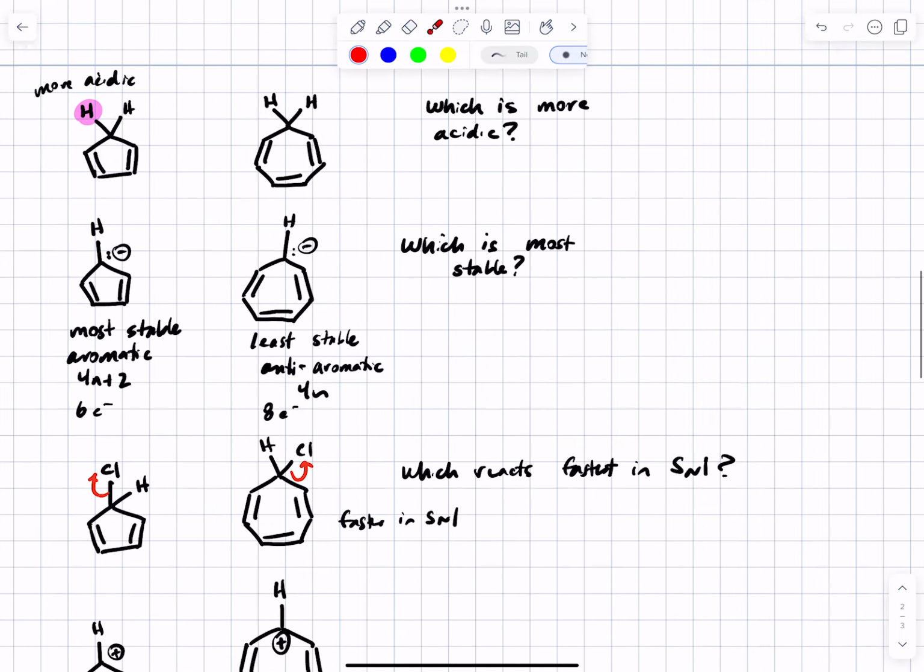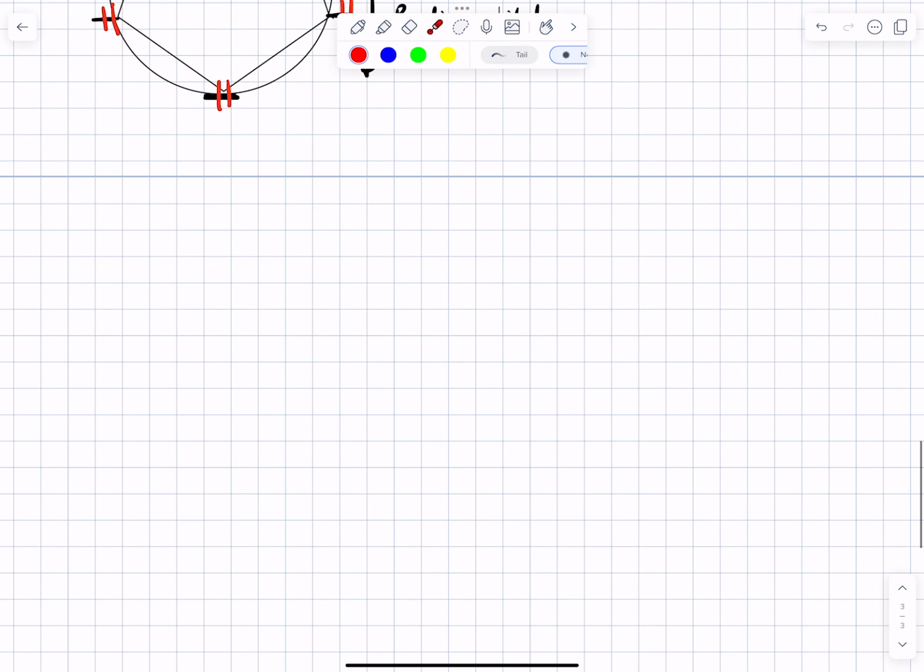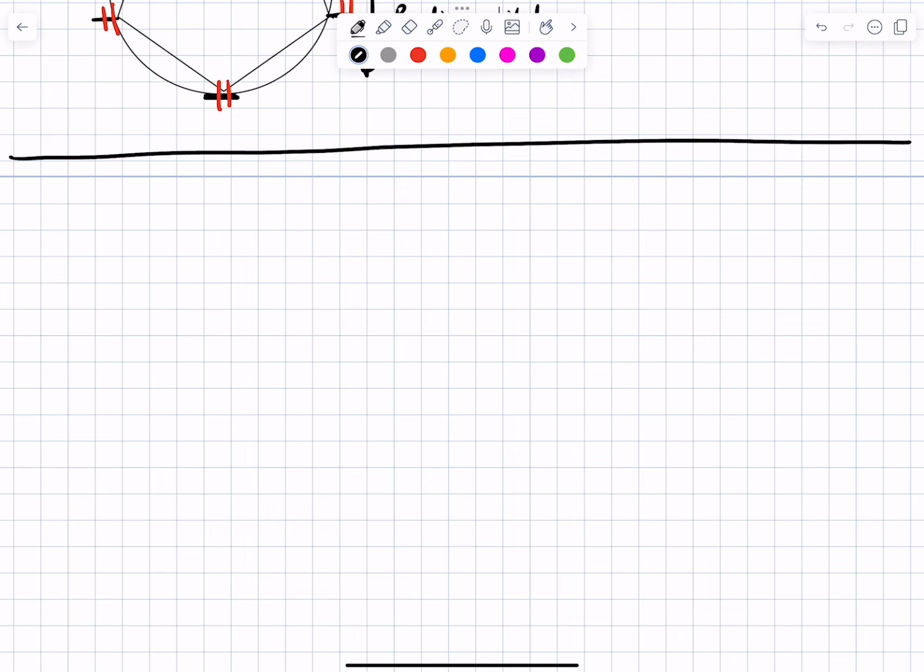So what we've done so far is simply background. You need to understand that aromatic molecules are very stable. I told you last time that aromatic molecules don't react like alkenes, right?